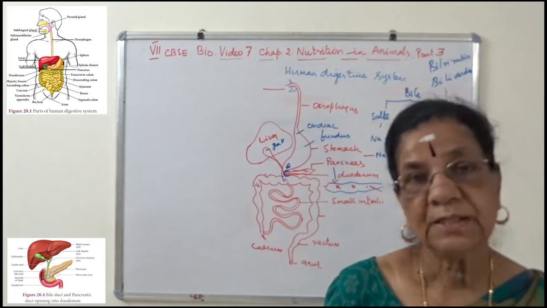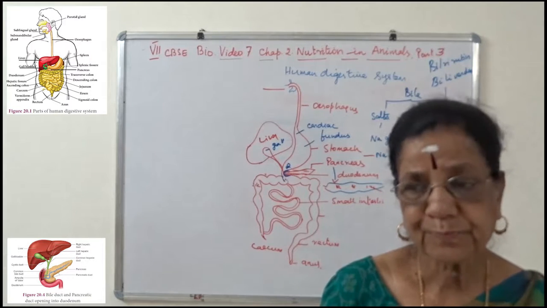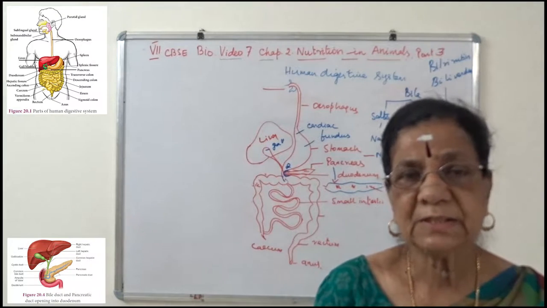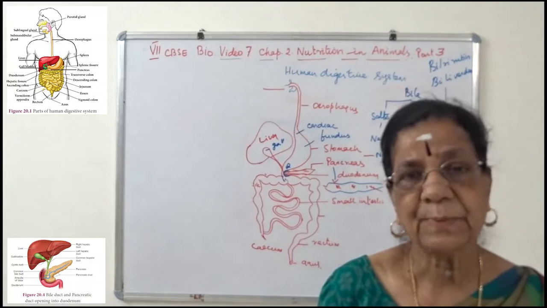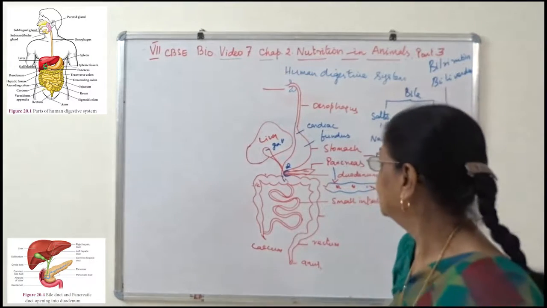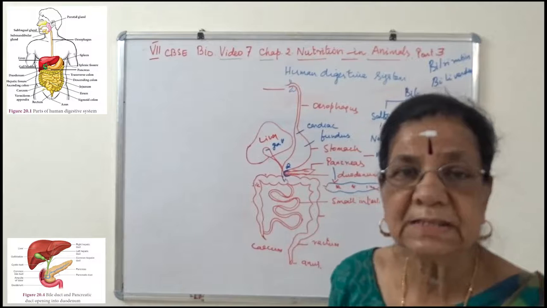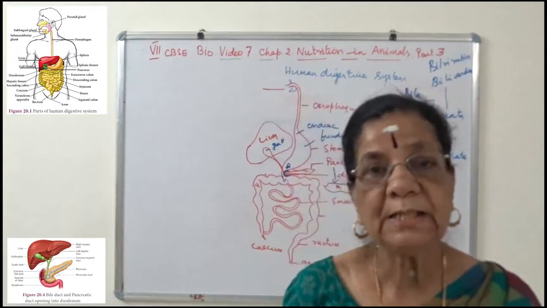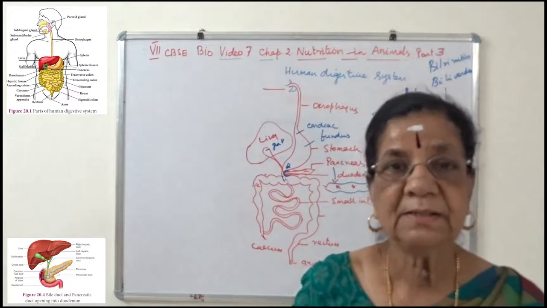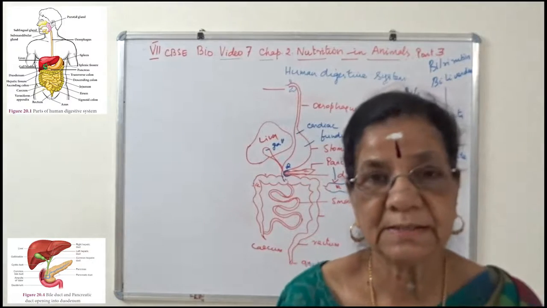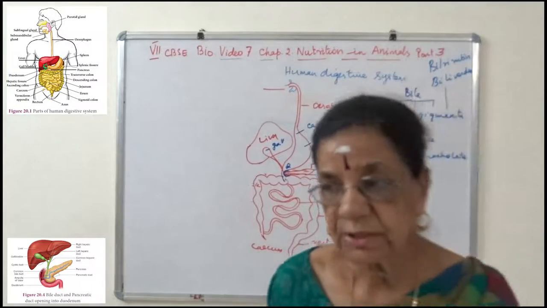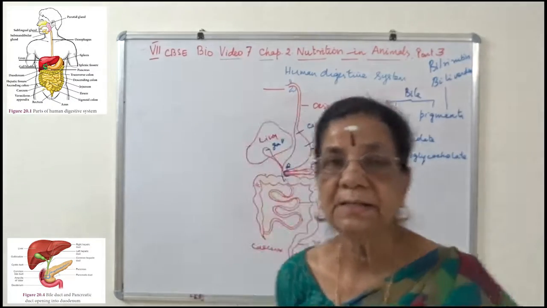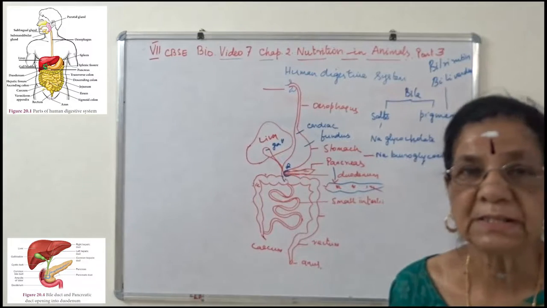Then we are learning about the digestive glands, such as the pancreas. The pancreas acts as a dual gland, in two ways: as exocrine pancreas and endocrine pancreas.